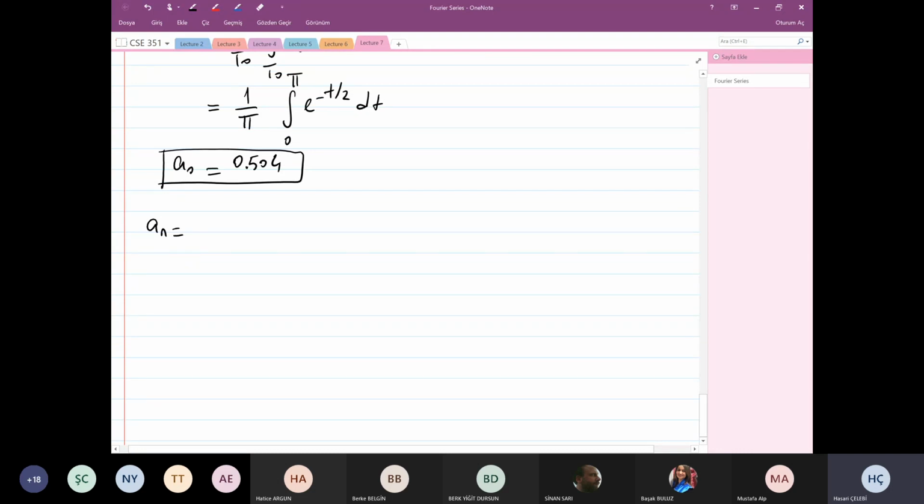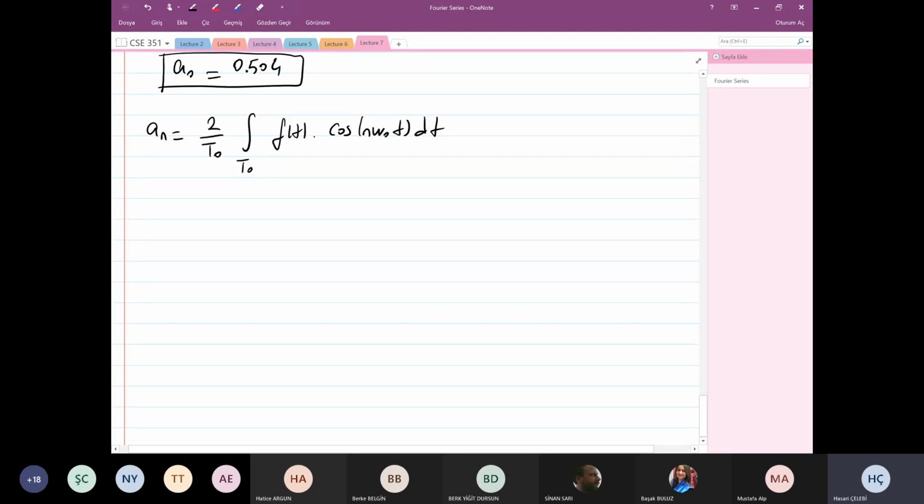Similarly, An was equal to 2 over T0 integration over 1 period f of t times cosine n omega 0 t dt. Remember, guys? So let's plug in the parameters that we know. 2 over 2 pi, 0 to pi, exponential times cosine 2nt dt.